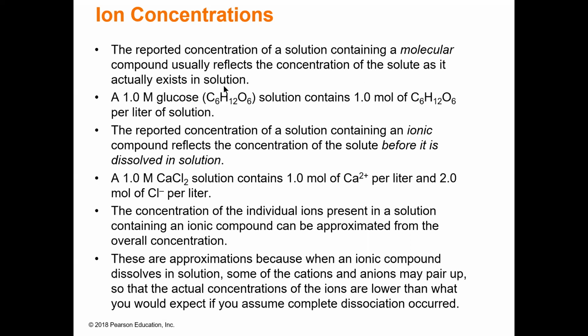If it's 1 molar, that means I have 1 mole of this glucose dissolved in every 1 liter of solution. For ionic compounds, the reported concentration of the solution reflects the concentration of the solute before it is dissolved in solution.